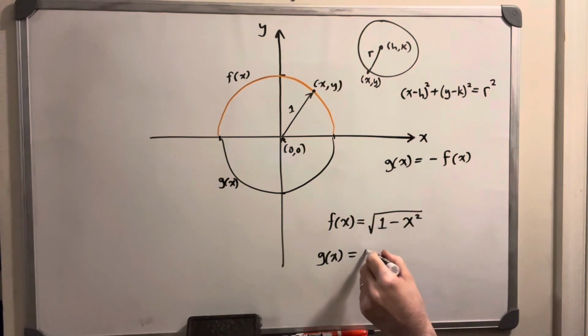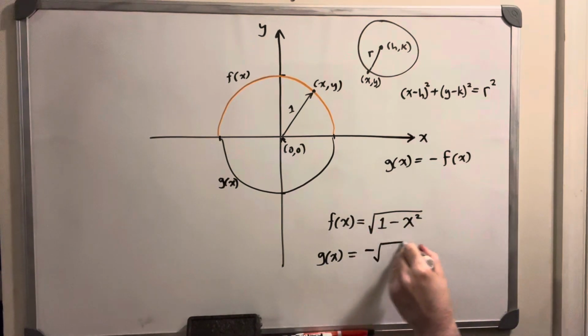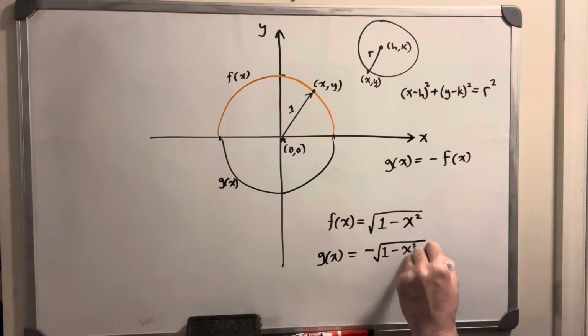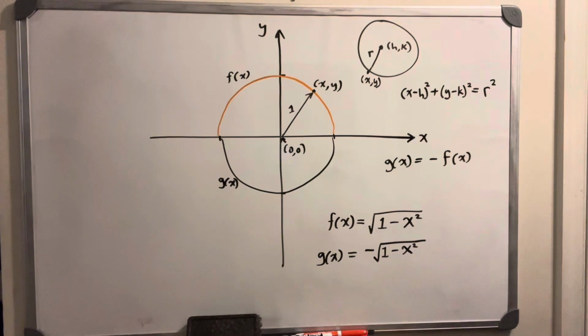So g of x is just the negative root of 1 minus x squared. And so this is why we had to break it up into 2 halves, because functions are like machines, not like balances.